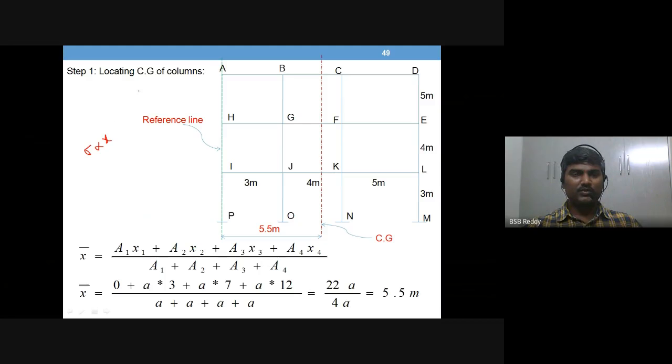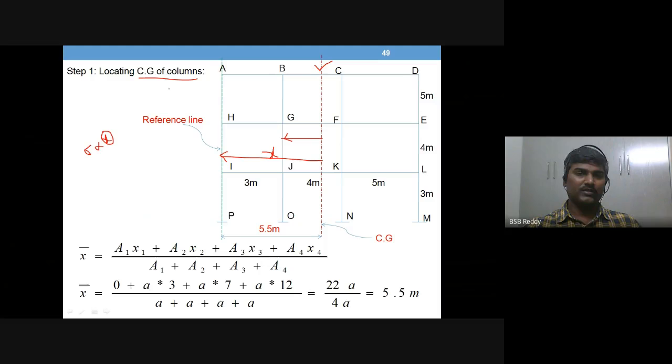So first you have to work out the CG of all the columns, then only you can measure this X. Without knowing this CG line, you can't get this distance, you can't estimate the X distance of a particular column.